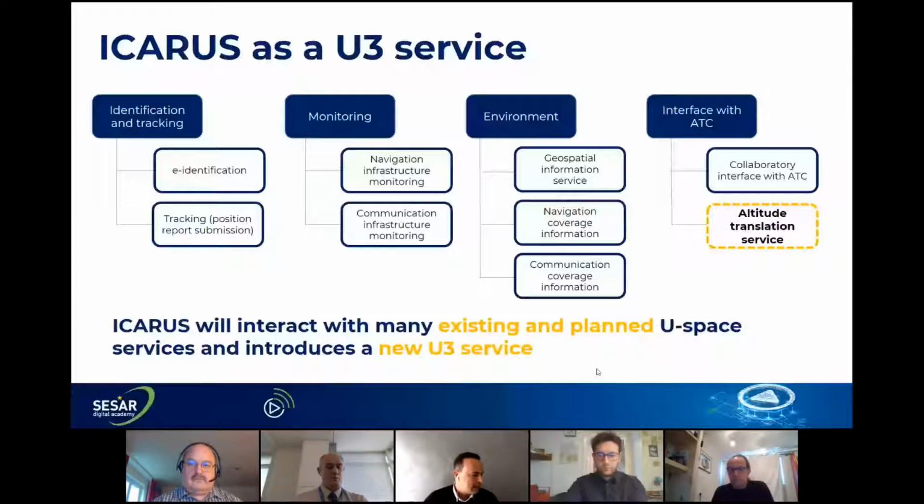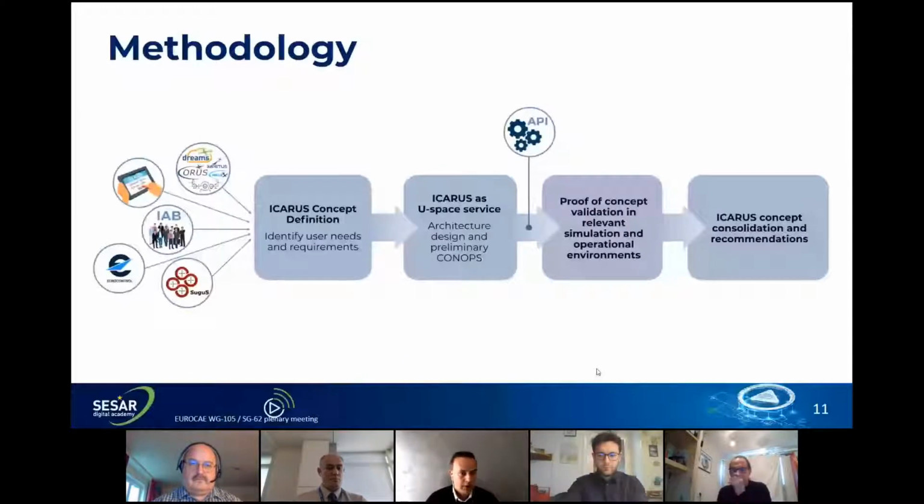In the next slide, there's the methodology that we are following in this project. Actually, we are almost at the middle of the project. We started from the previous airspace projects, so we started from the requirements that have been defined by Icarus, Dreams, Diode, but also other concurrent projects such as GOV 2.0, with existing studies from Eurocontrol, and also involving a number of experts in the advisory board that helped us to shape this concept.